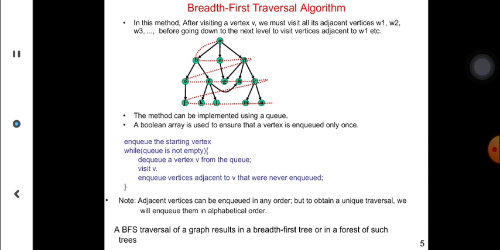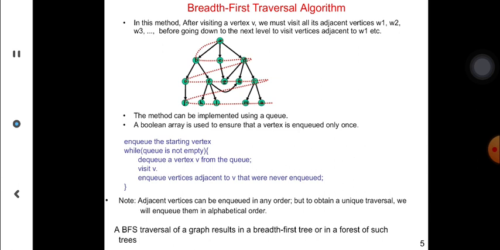Dequeue a vertex v from the queue and visit v, and after that enqueue the vertices adjacent to v that were never encountered.